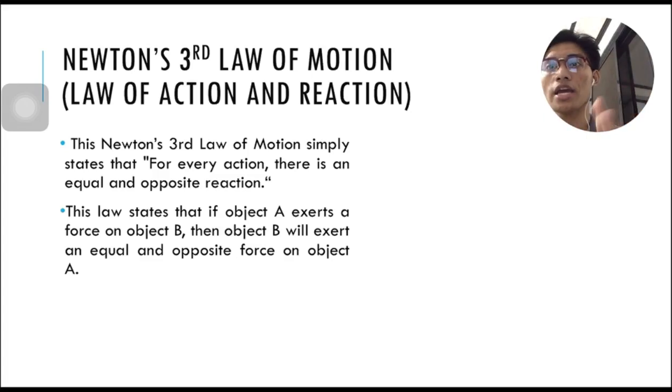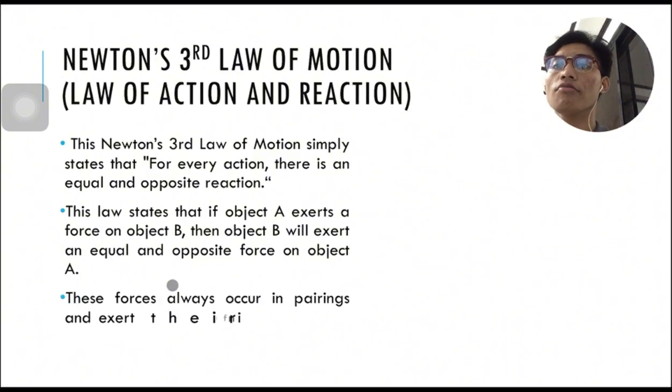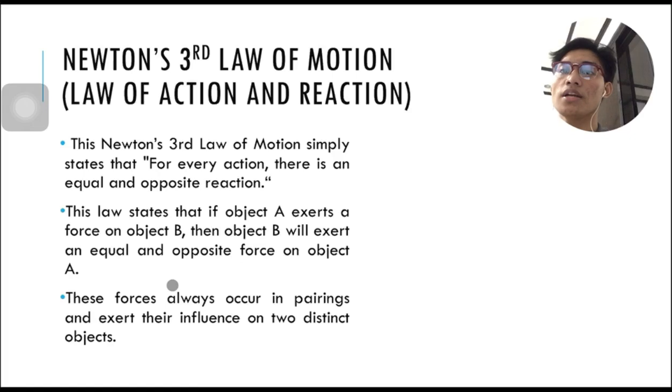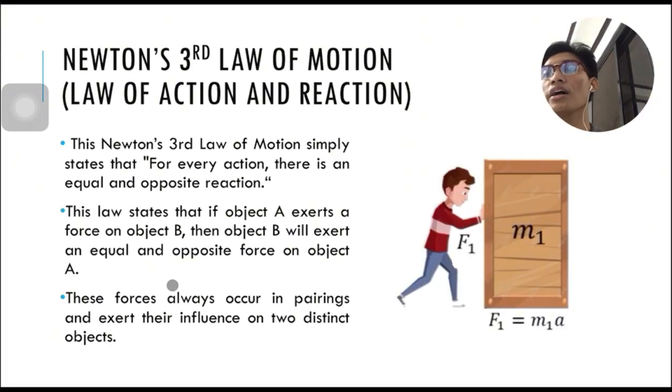This law states that if object A exerts a force on object B, then object B will exert an equal and opposite force on object A. So, these forces always occur in pairs and exert their influence on distinct objects. Gamitin natin yung kaninang force.